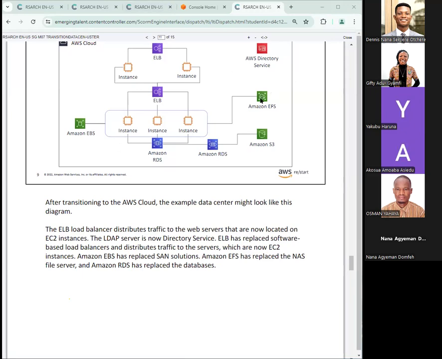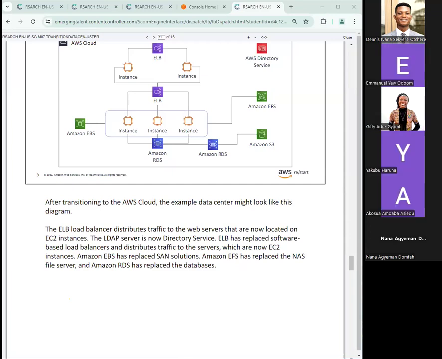The NAS would help these three instances to be able to share one storage. So it's for file sharing. And it also has the hierarchical file system, which the EFS has. So these three would be able to share a single storage with the use of the NAS.